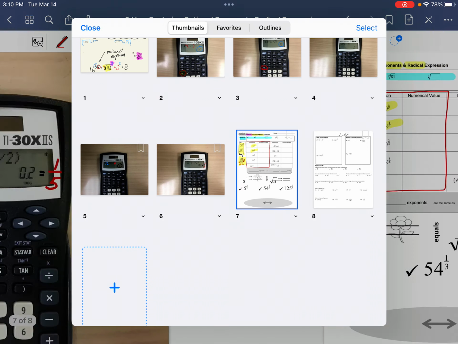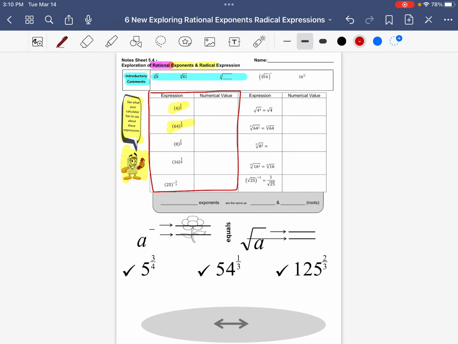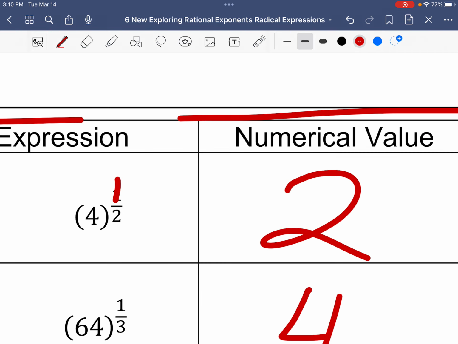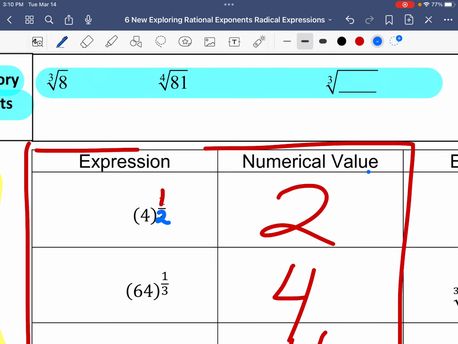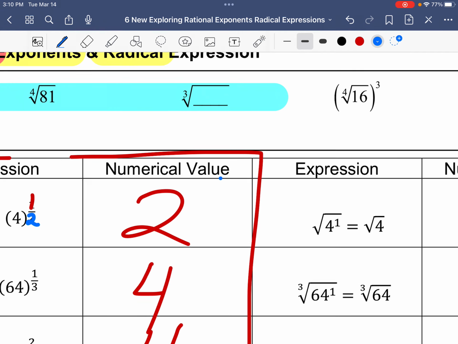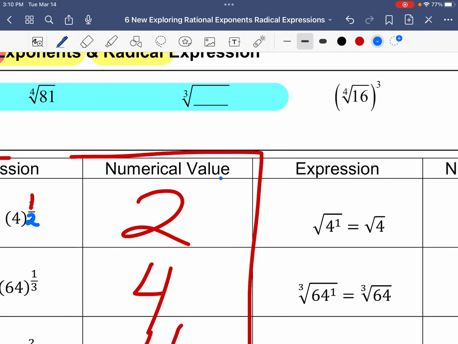Let's go back now. I'd like to do a little bit more directing you to what in the world is going on with your calculator and these expressions. If you look at the first one, I've got 4 to the 1/2 power. Now, you should notice that 1 is the numerator, 2 is the denominator, and if I go over here, we find out that we can actually rewrite this problem such that the denominator ends up to be the root.